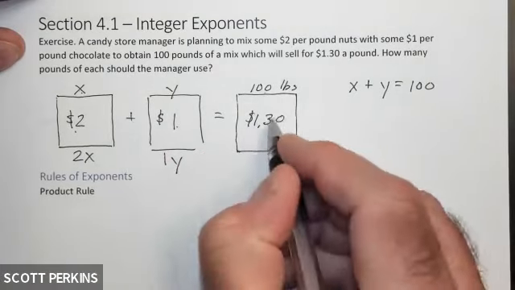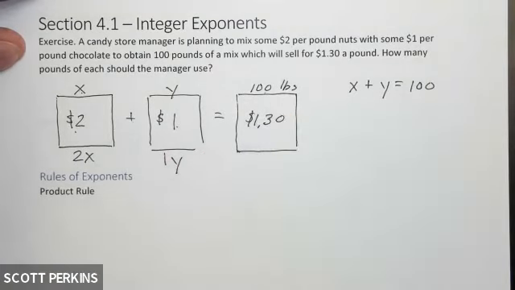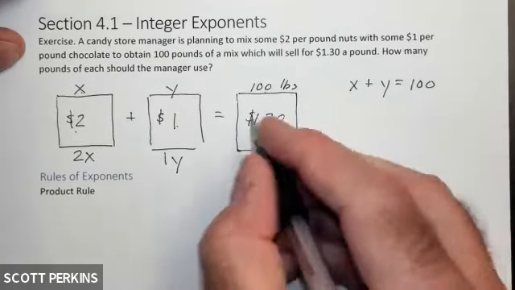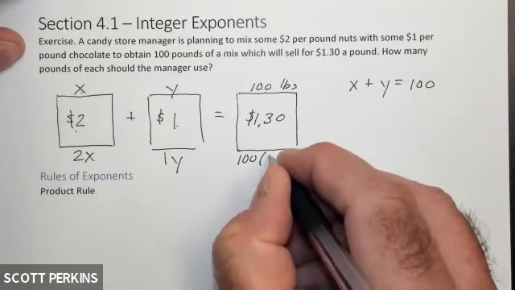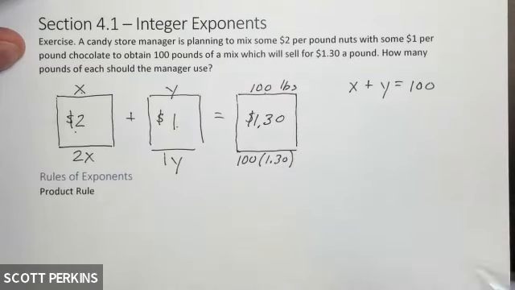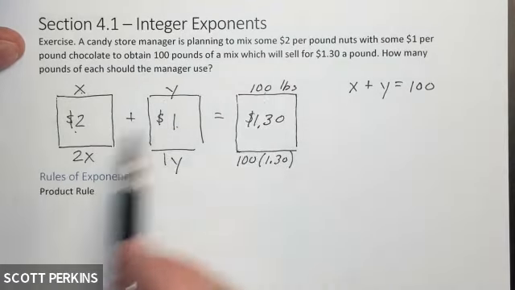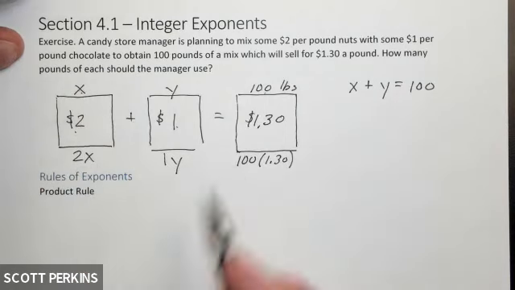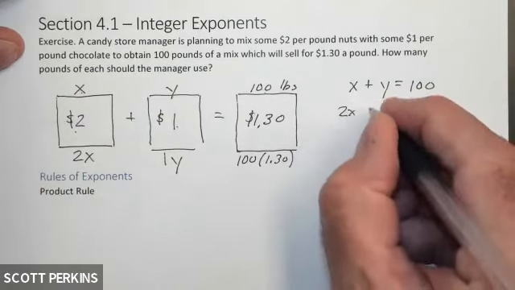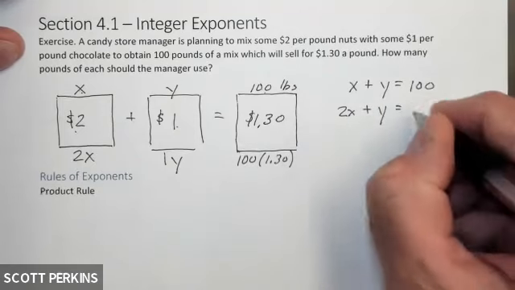And then 100 times $1.30 means the total amount I have invested in this mixture is 100 times $1.30, which will end up being $130 when I pop that into the calculator. So that's going to give me my second equation. First equation is the total amount of stuff. The second equation on this one is the cost. And so that is 2x plus 1y is equal to 130.